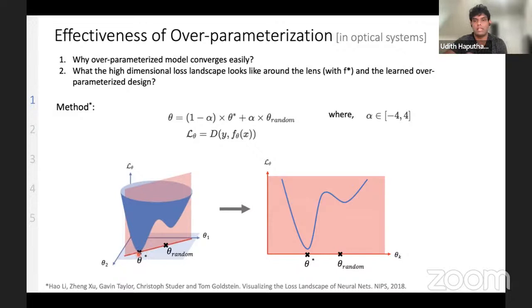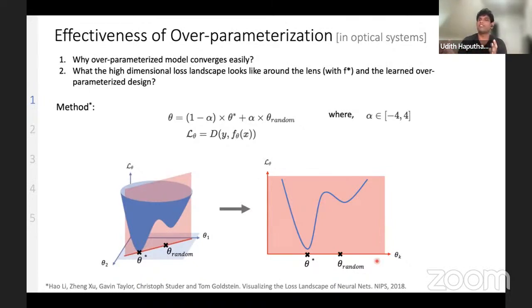What they do is sample different random weight sets, get the cross section, and project the loss here. If we do this multiple times with multiple random thetas, we get multiple 2D loss landscapes.